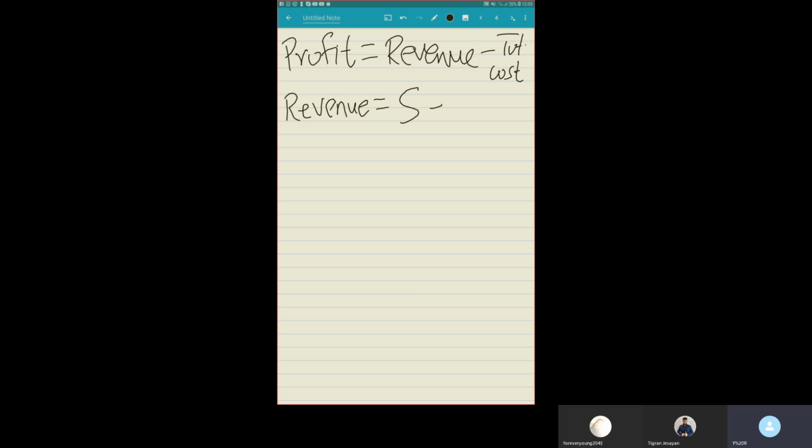Selling price per piece, right, times the total amount of pies. Yeah, or amount, like you said. So what is the selling price? The selling price, he uses 14 minus 0.05Q as the formula for that.